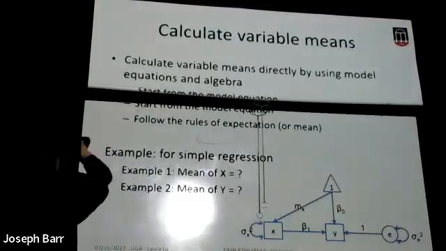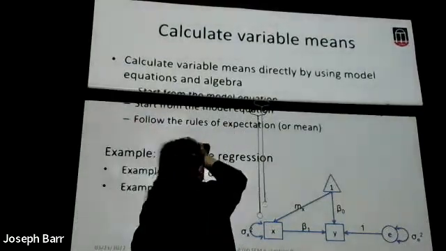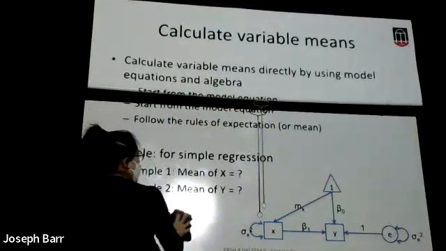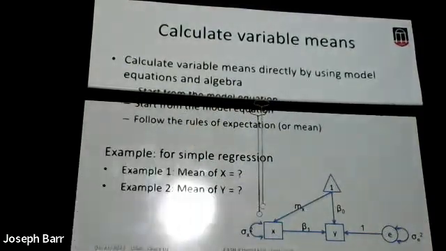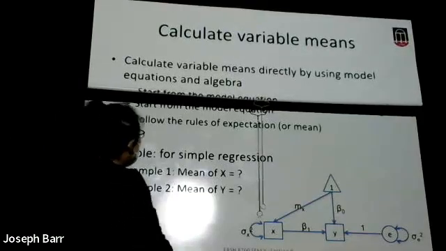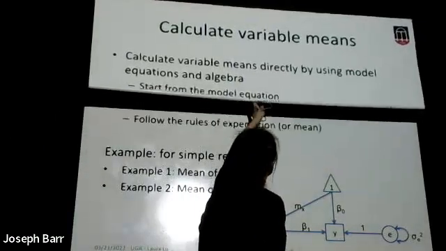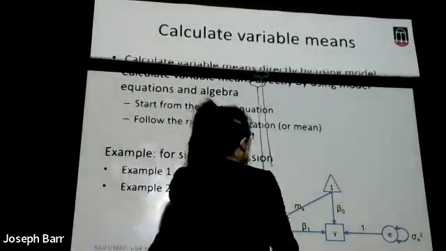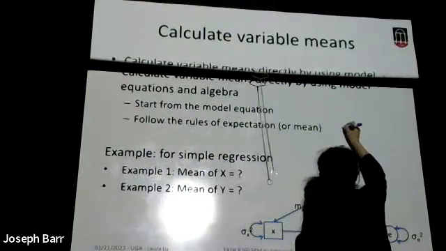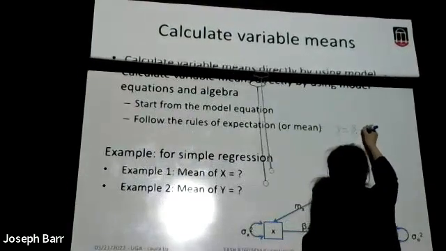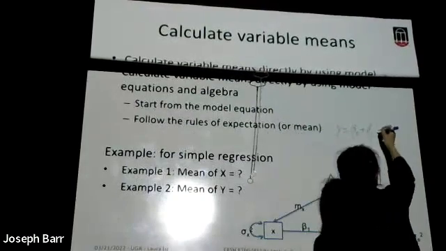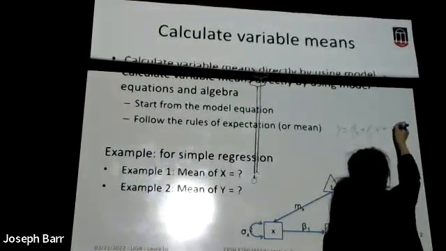We have 3 elements in that case, and we calculate the components of that matrix. So for the mean part, we need to start from the model equation. What is our model equation? We have y equals beta 0 plus beta 1 times x plus the residual.